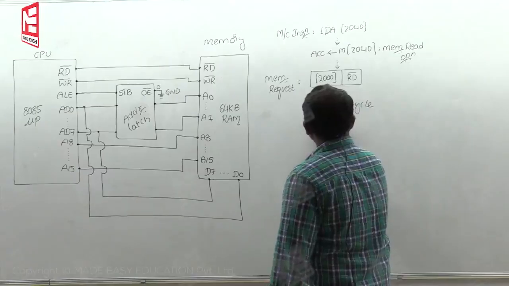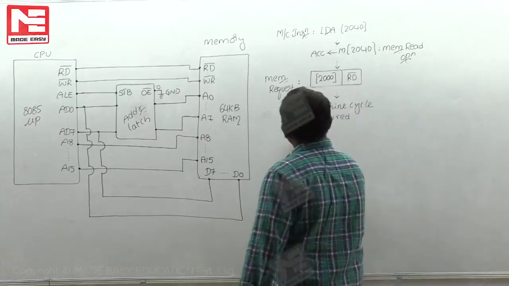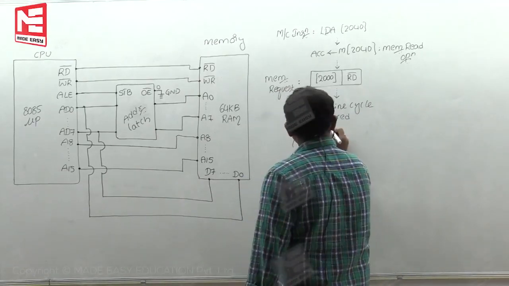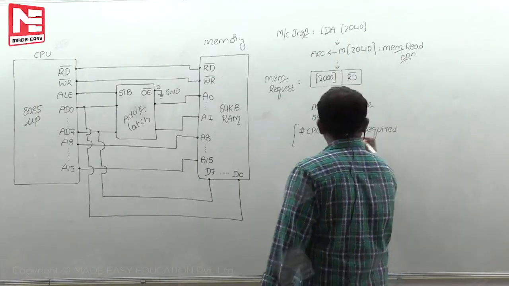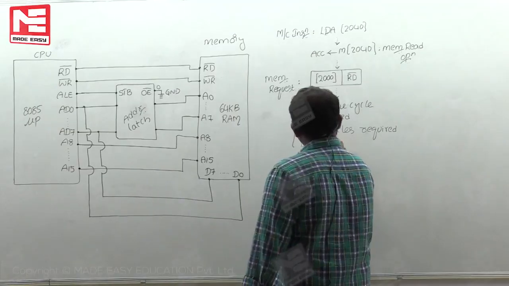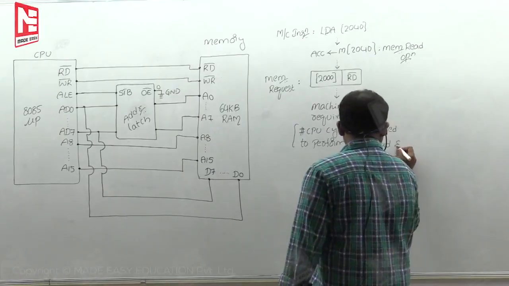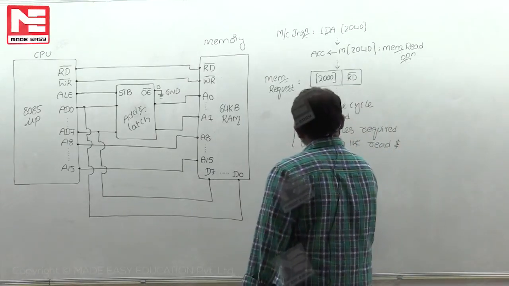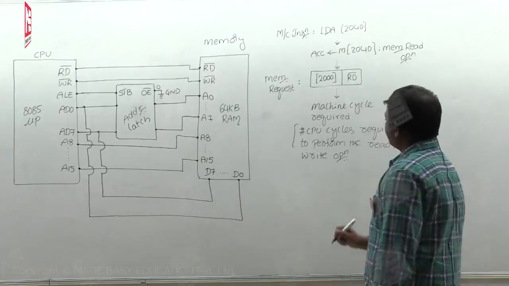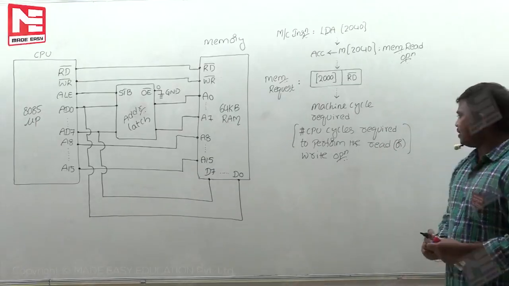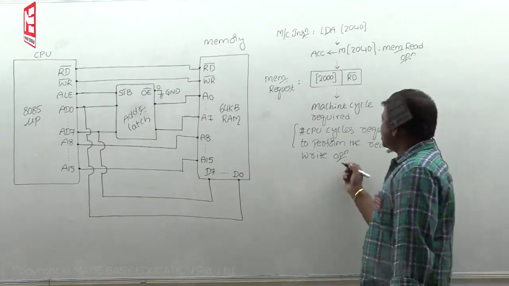A machine cycle means the number of CPU cycles required to perform the read and write operations on a memory chip. Memory read, memory write operation.